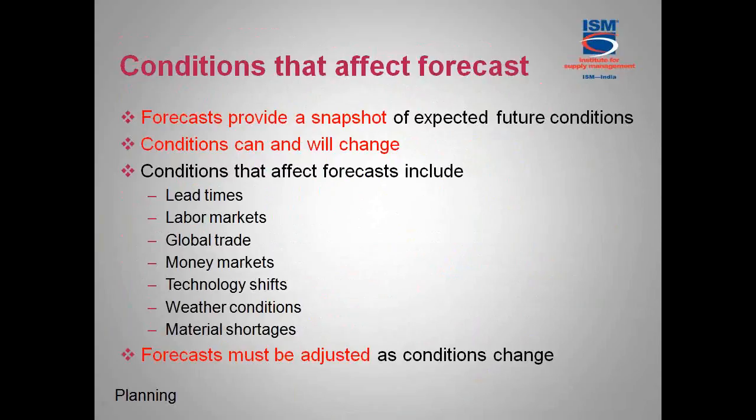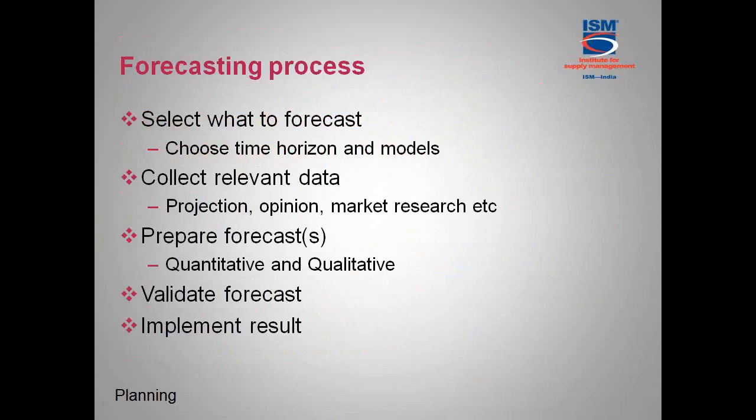Generally, when we are doing the forecasting process, the first very important part is to select what to forecast. If you are not aware of what to forecast, then how will you do the forecasting? So you have to understand. The first step is to select what to forecast. Then you choose the time horizon, for how long we will forecast, and then the model.